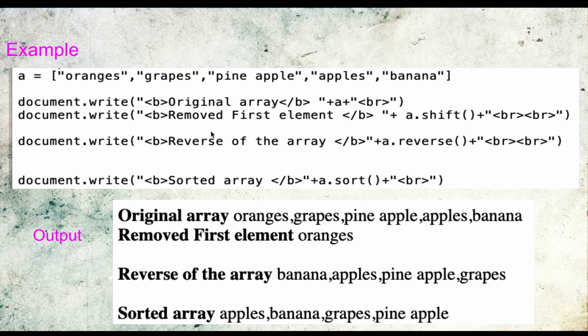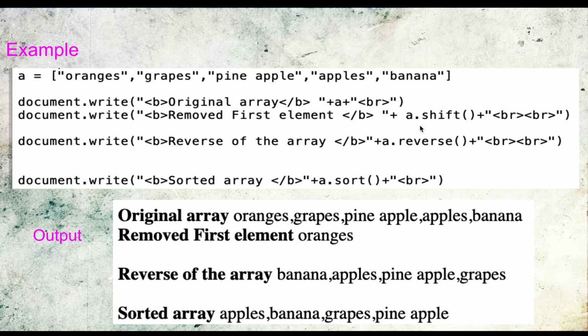So an example for using all those methods, first here we are using shift. The first array is a list of fruits, and the first document.write displays the original array, and in the next document.write a.shift is done.